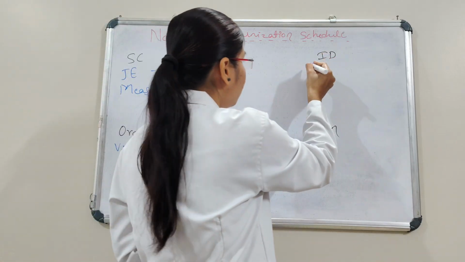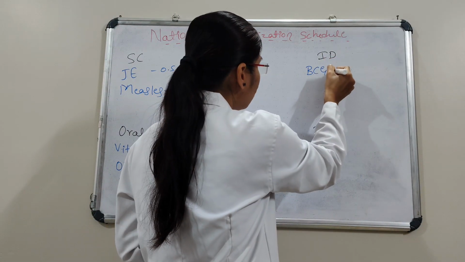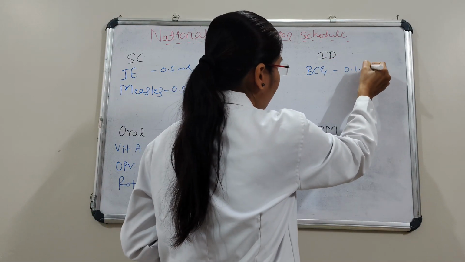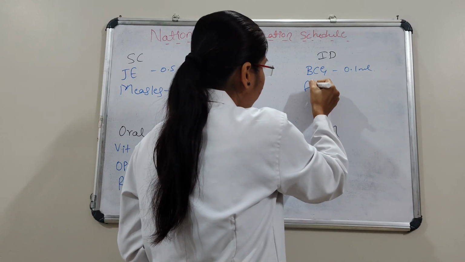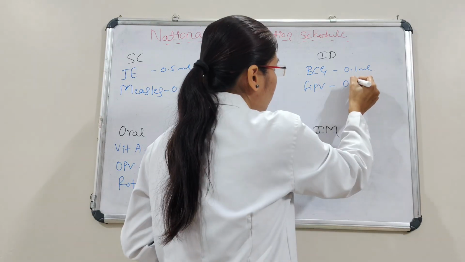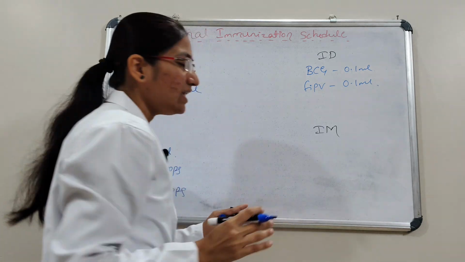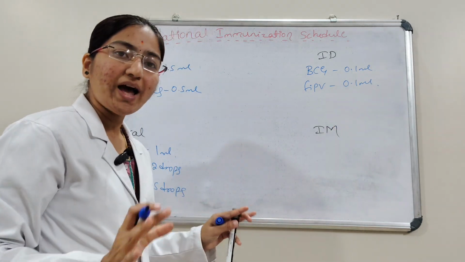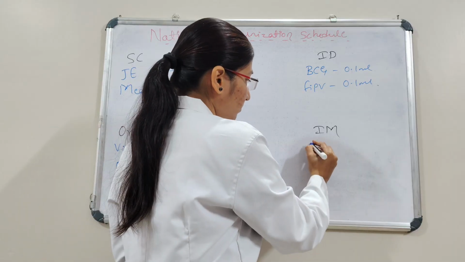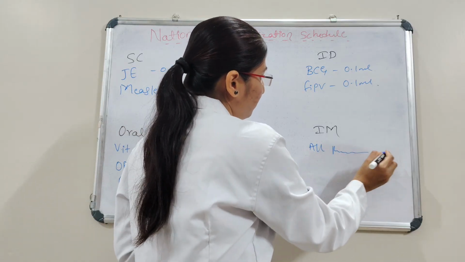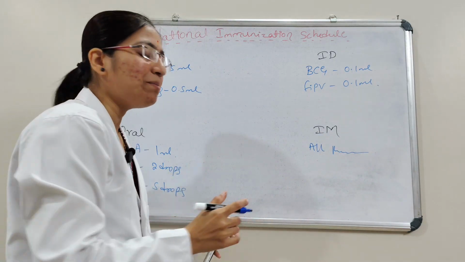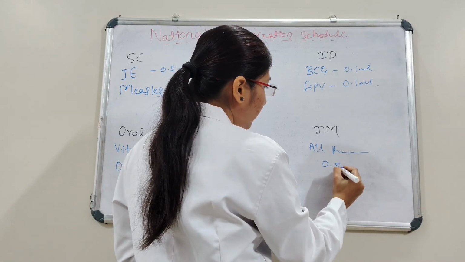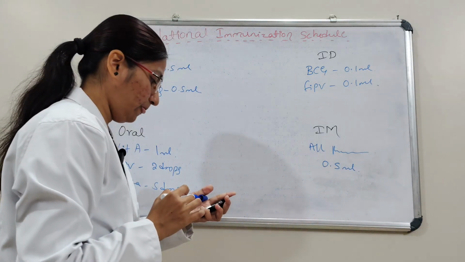And then intradermally BCG, 0.1 ml, and FIPV, also 0.1 ml. All remaining vaccines have to be given by the IM route, 0.5 ml.